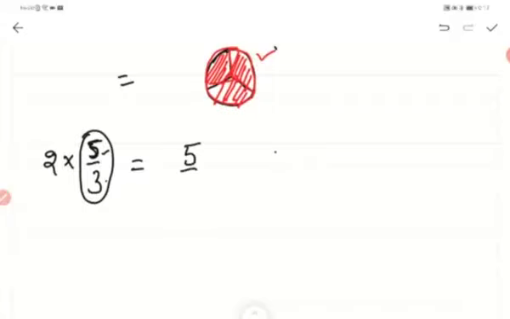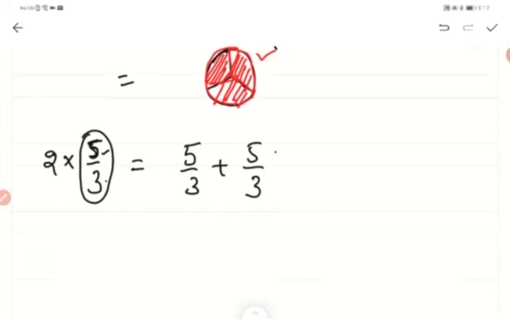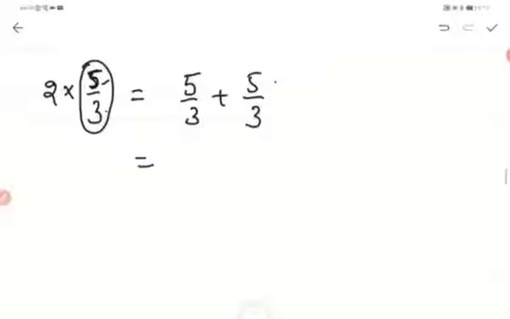You can write this as 5 by 3 plus 5 by 3, isn't it? So how do you represent this 5 by 3 in pictorial form? We have discussed this in your previous class. Since 5 by 3 is an improper fraction, you can represent this in mixed form, isn't it? How will you write this?